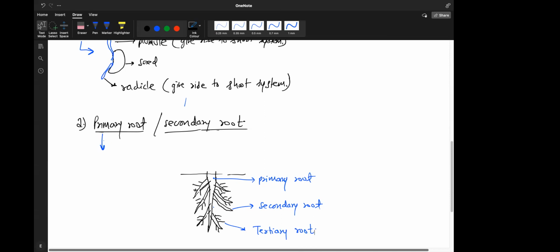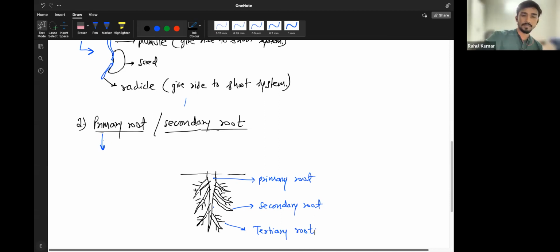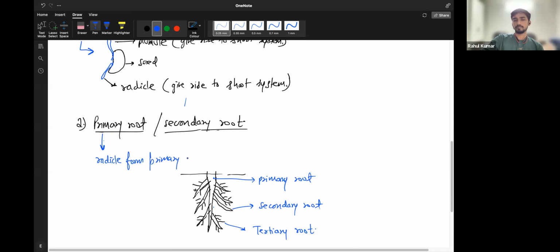So write down. Radicle leads to the formation of the primary root, which grows straight inside the soil.